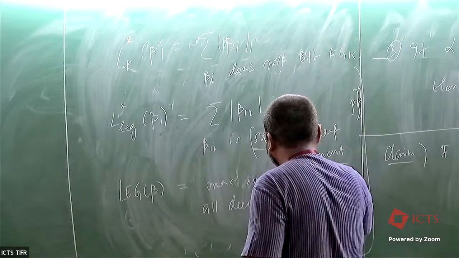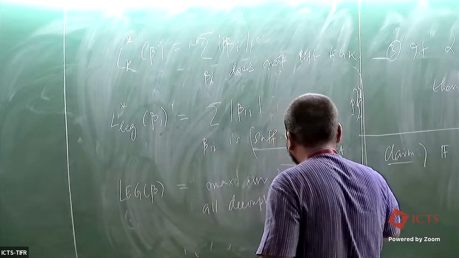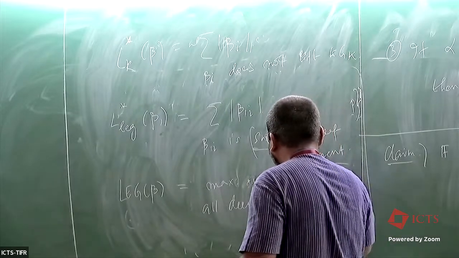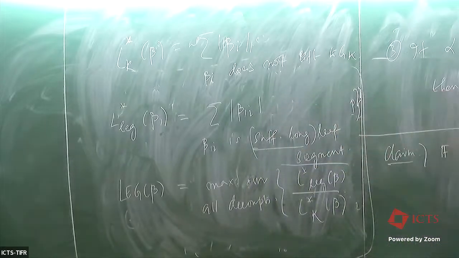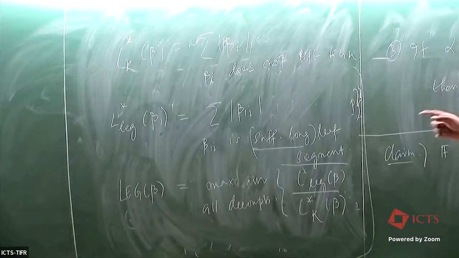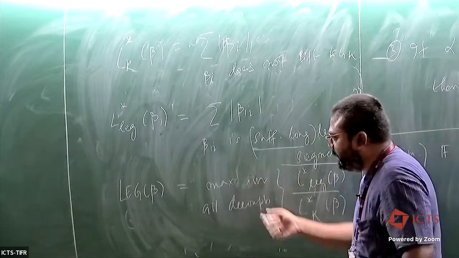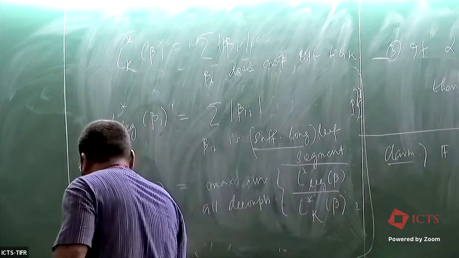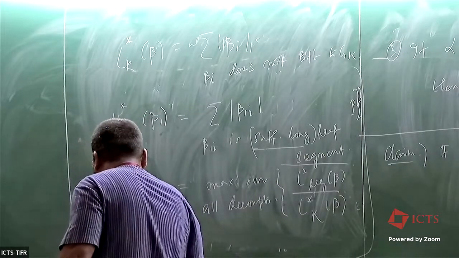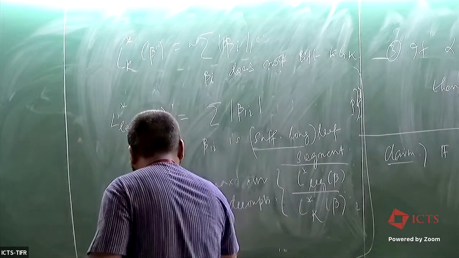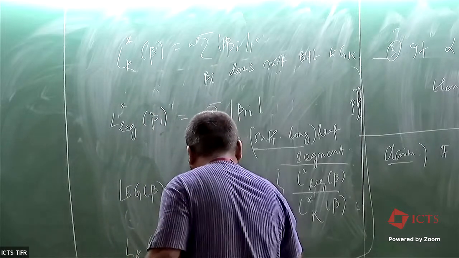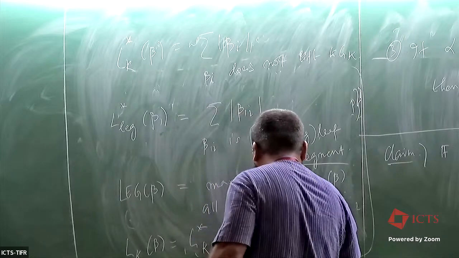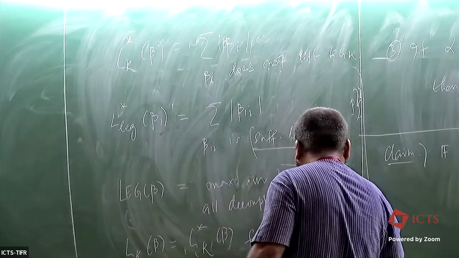What is the ratio? This is L star legality of beta of this. You take all possible decompositions, there are finitely many, take the maximum one, and you let Lk of beta equal L star k of beta for the max decomposition.